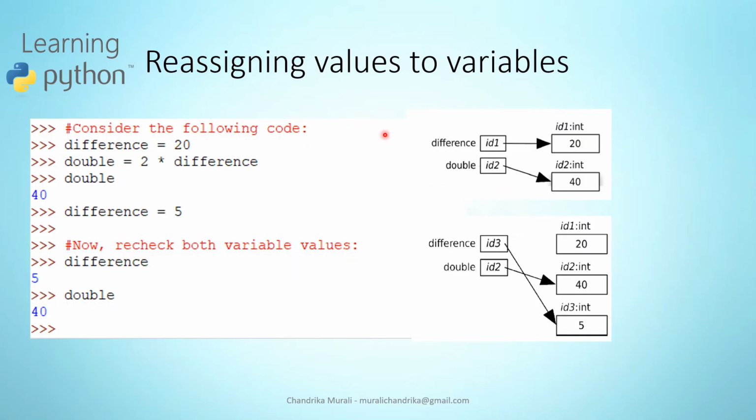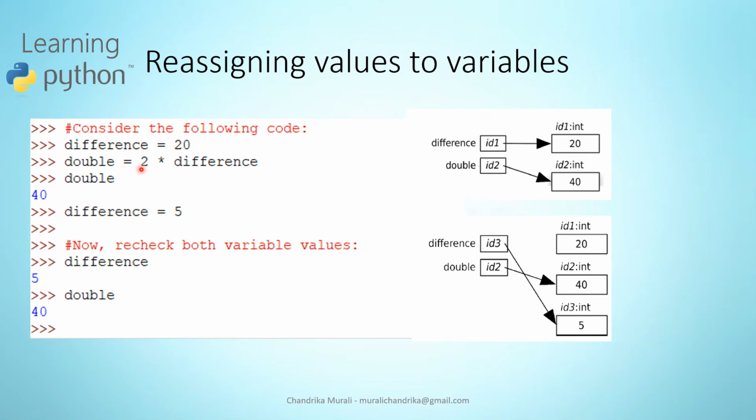Let us consider one more example for reassigning values to variables. So let us consider this code. Difference is equal to 20. Difference is a variable to which I'm assigning the value 20. So 20 is stored in a memory location ID1 and difference is pointing to the memory location ID1.